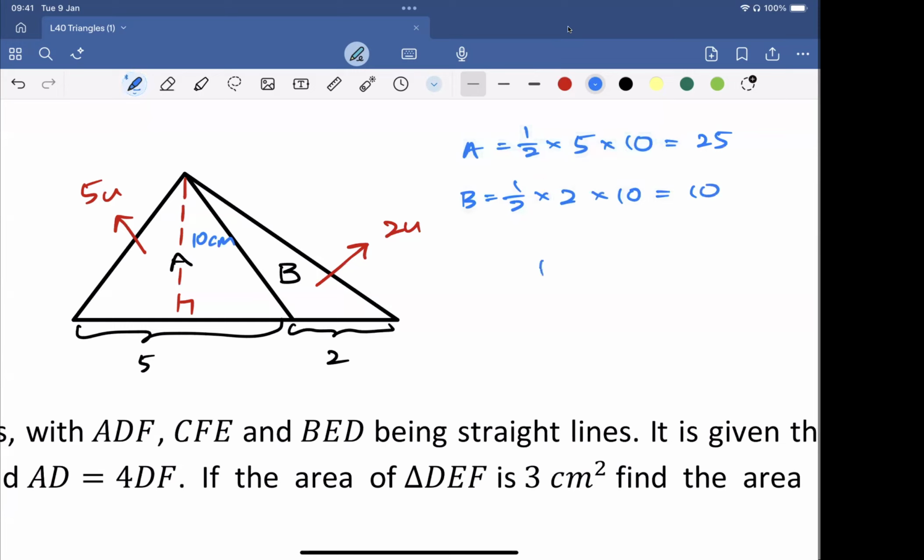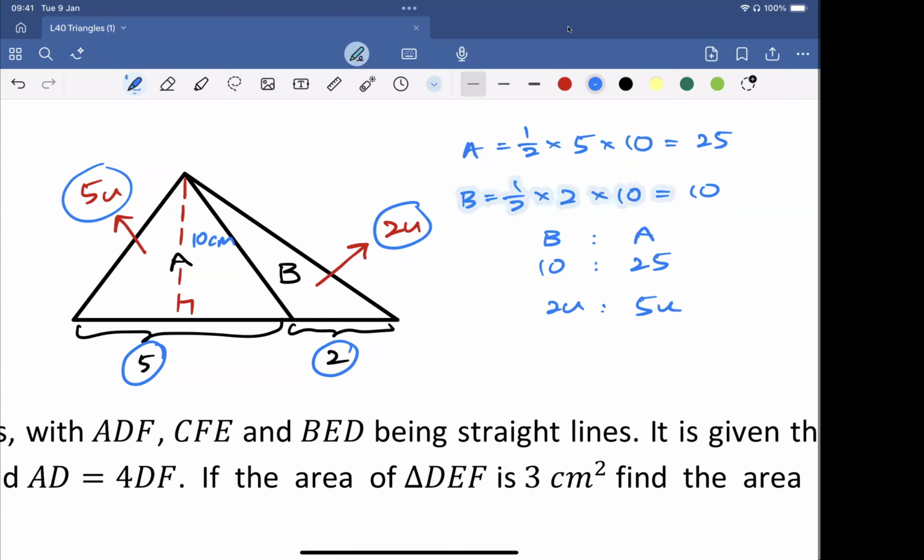So if you take 10 and compare it to 25, can you simplify the ratio for me? 2:5. Can you see 2 units, 5 units? So do you agree that the area for B is 2 units and A is 5 units? Yes, very good.